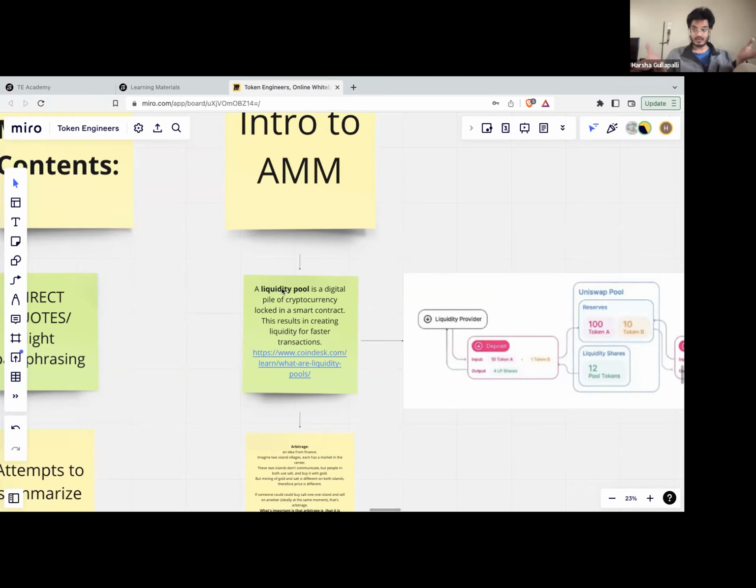So when there are two tokens, and both of them are priced 50 and 50, so $5,000 of X token and $5,000 of say Y token, and then this is the initial price, but the market decides the eventual price of these tokens. Say someone starts buying token X and dumping token Y into the pool, so that means the amount of token X is decreasing while the token Y is increasing.